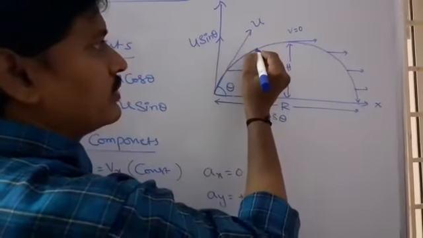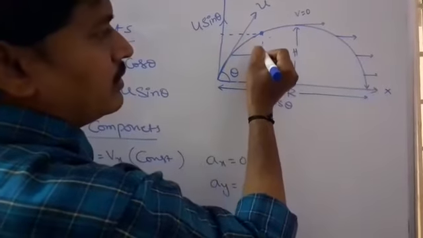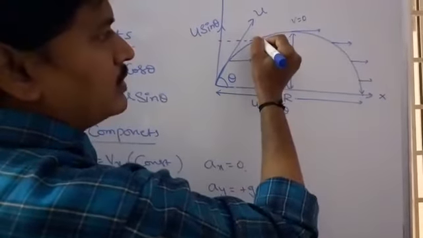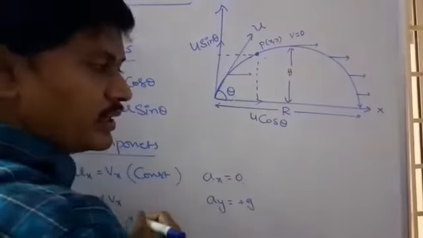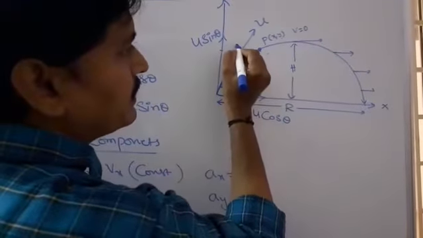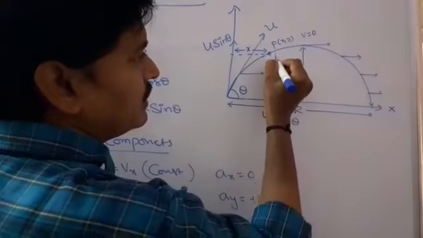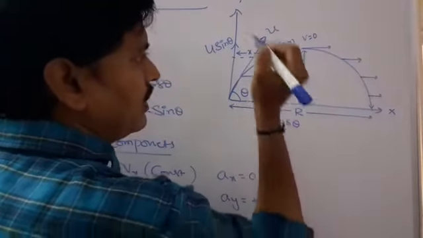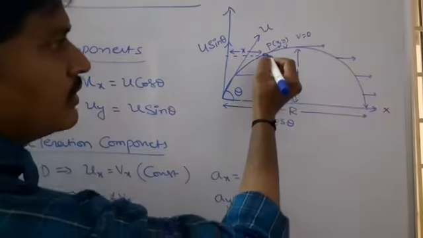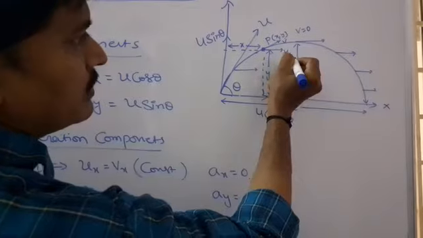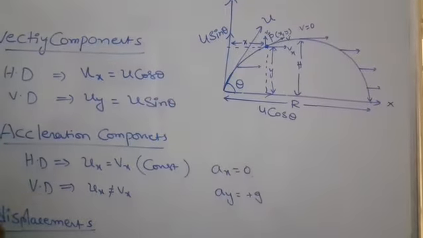The coordinates of this point are x, y. The horizontal displacement covered is x and the vertical displacement covered is y. The velocity at this point is v, with components vx and vy.